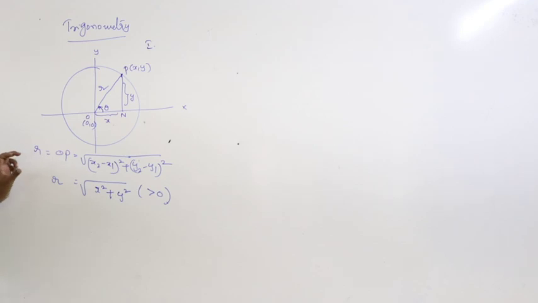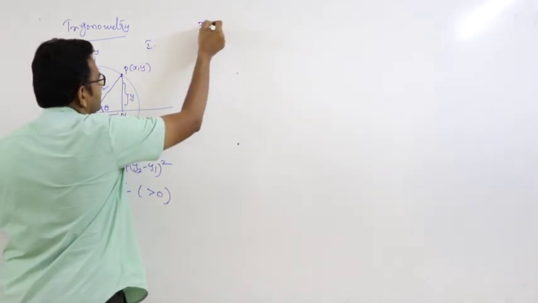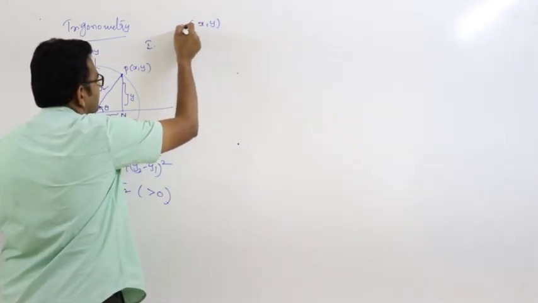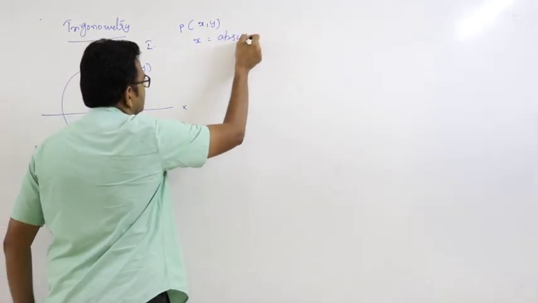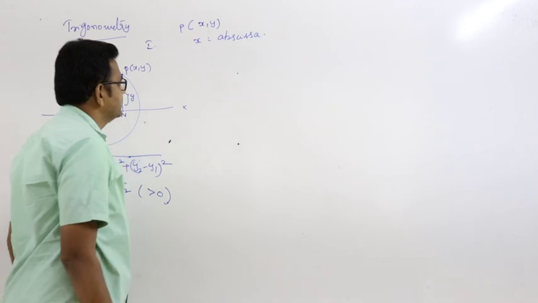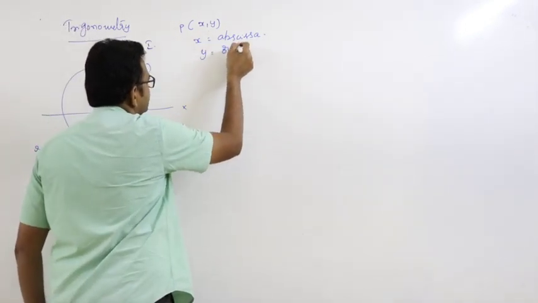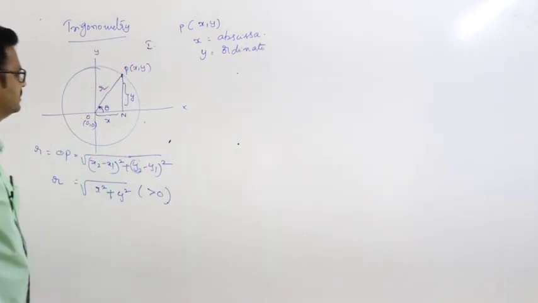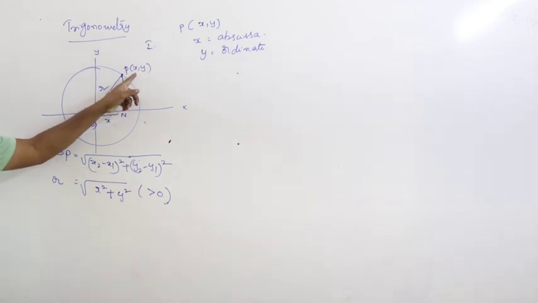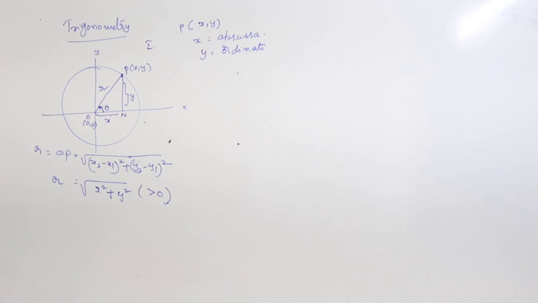Now the 6 trigonometric ratios are defined. This is called (x, y). x is called abscissa, and y is called ordinate. That means simply the x coordinate and the y coordinate, that is nothing but abscissa and ordinate.